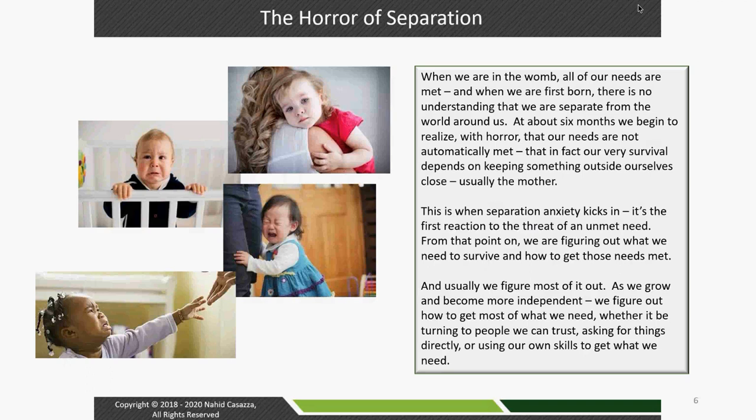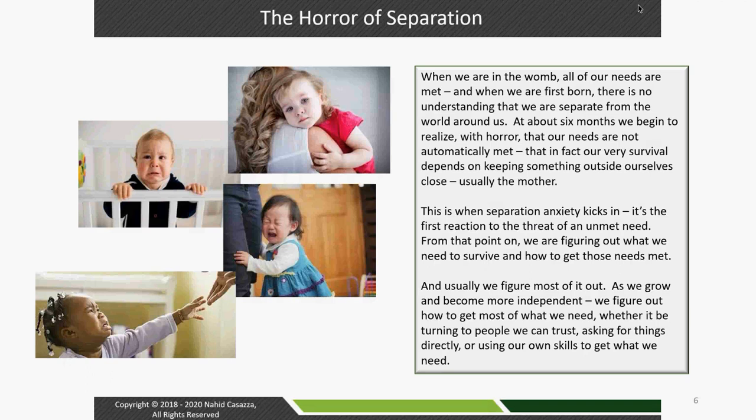But when we get to about 6 months, we begin to realize that what's happening is not so automatic. What's happening is mother comes or caregiver comes, and then the need gets met by that caregiver who's not always there. And that's when separation anxiety hits.